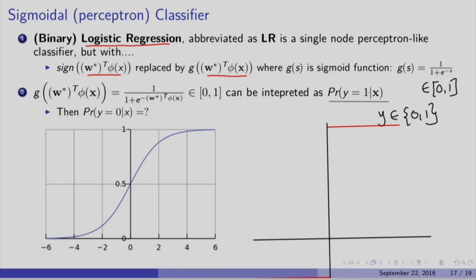This is the probability of y equals 1 given x, which is the probability of heads. The probability of tails, or probability of y equals 0, is nothing but 1 minus the probability of y equals 1 given x, and this is e raised to minus w star transpose phi x divided by the same denominator 1 plus e raised to minus w star transpose phi x.